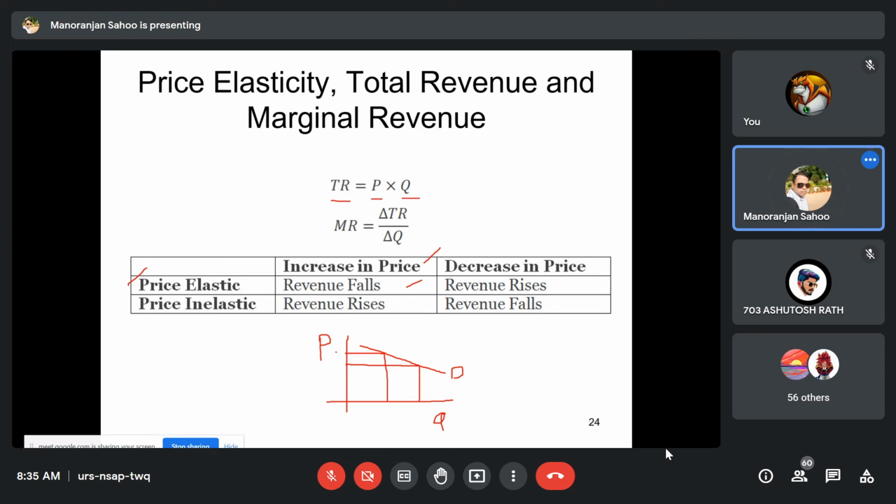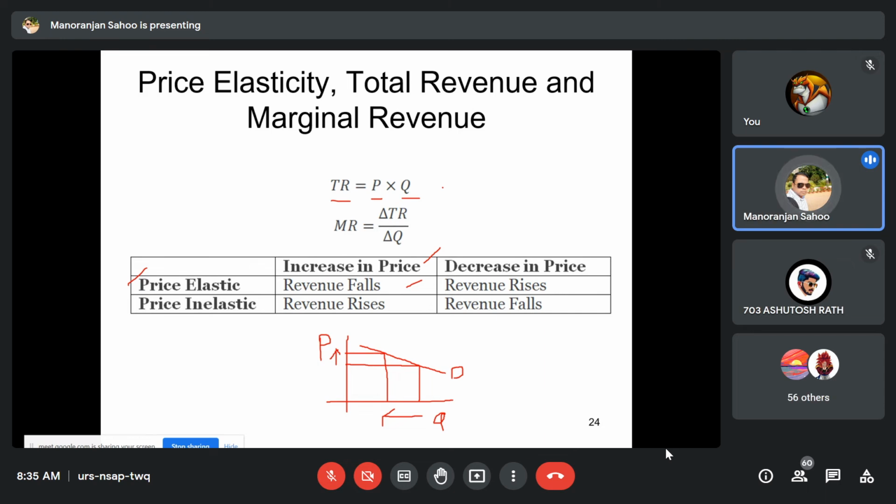If P increases by a small amount, in this case Q will reduce by a large amount. What will happen to the revenue, P into Q? Anybody? So if it is elastic demand, that means for a small change in the price, the demand will change by more.